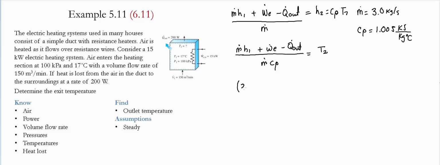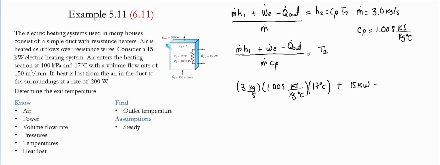The mass flow rate is 3 kilograms per second. As we said before, h can be replaced as Cp times the temperature, so this is 1.005 kilojoules per kilogram Celsius, and the temperature is 17 Celsius. The electrical power is equal to 15 kilowatts, and the heat loss rate is equal to 200 watts.